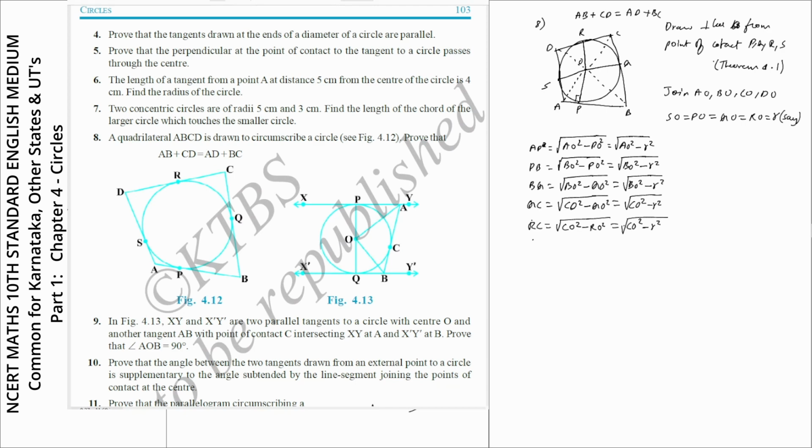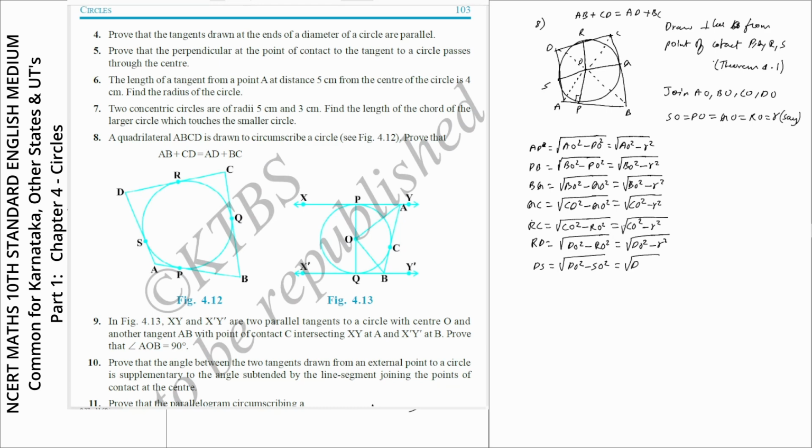RD is equal to square root of DO square minus RO square. This is equal to square root of DO square minus R square, since RO is nothing but R. And next, DS is equal to square root of DO square minus SO square.